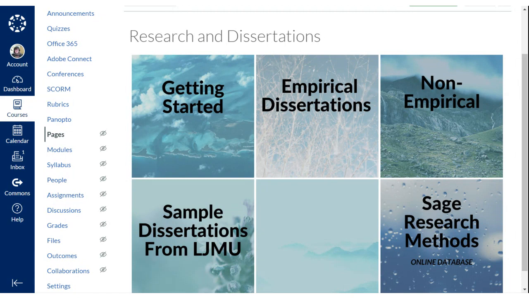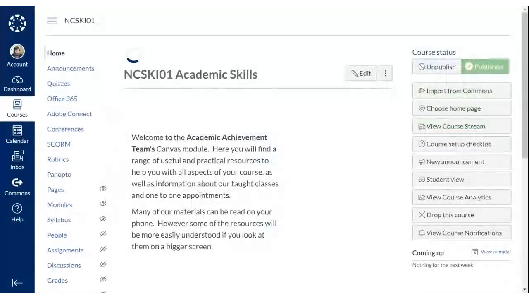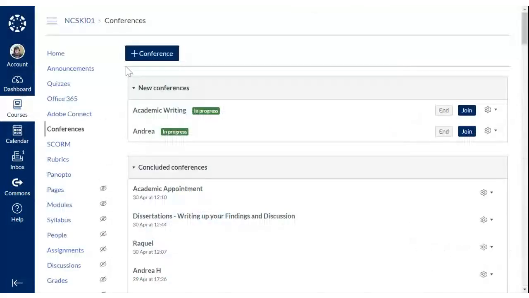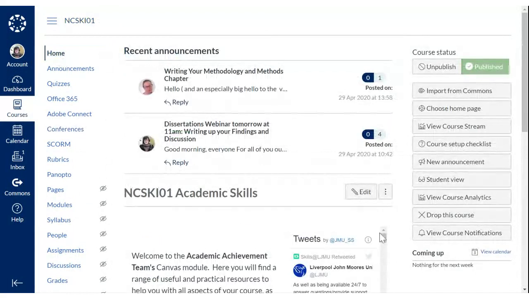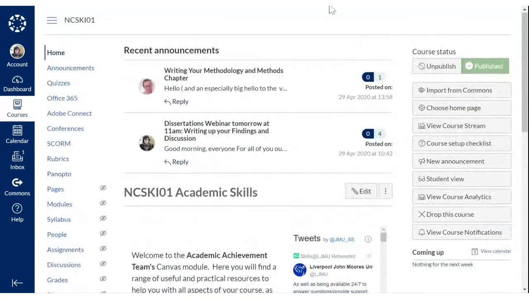Brilliant. So if I go back here, hopefully. So if we go, okay. So the home page, I'm just going to check. Okay, so you can see me moving pages. So you know the home page then for this module.